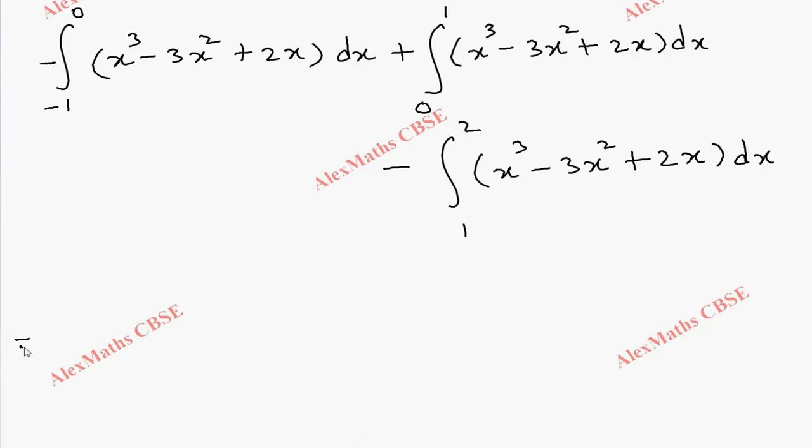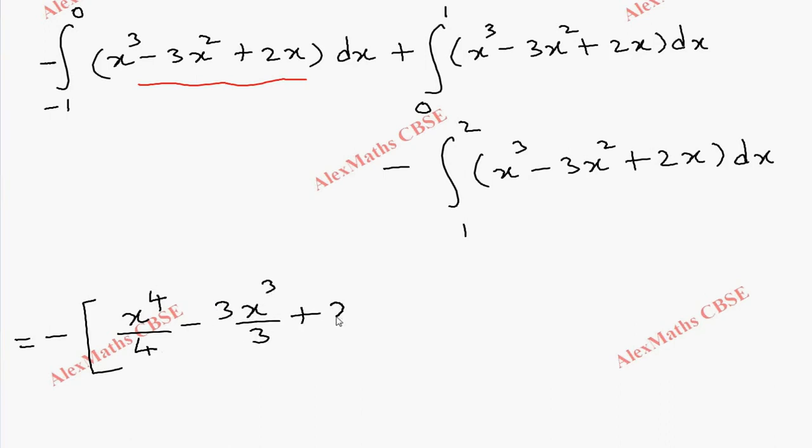Now coming to the first part, there is a minus sign, open bracket, and we are going to integrate this entire expression. X cube is x power 4 by 4 minus 3 into x square is x cube by 3, then 2x is 2x square by 2, and the limit is from minus 1 to 0.